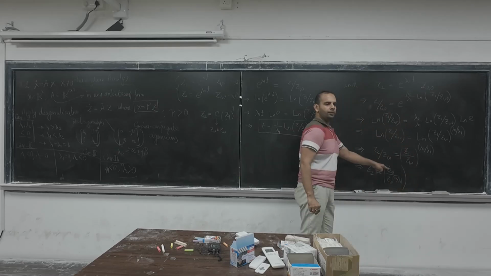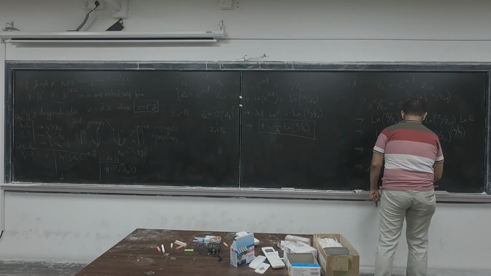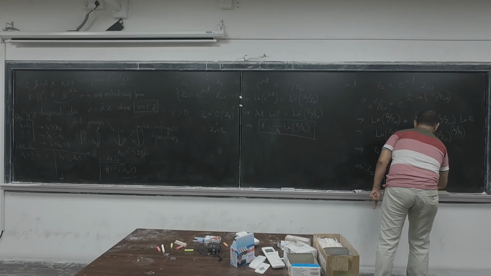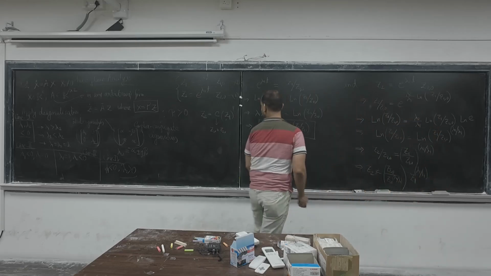This as a whole will be the constant which we denote by C, and then z1 to the power lambda 2 by lambda 1. This is the thing which I wanted.